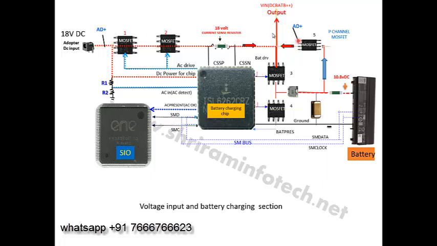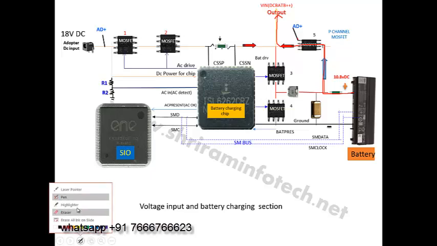At that time this 10.8 will travel from here to here to here. It's like that. So in this way, when we remove the adapter, this MOSFET works like this. So we'll see in this concept of the battery charging section how the section works.